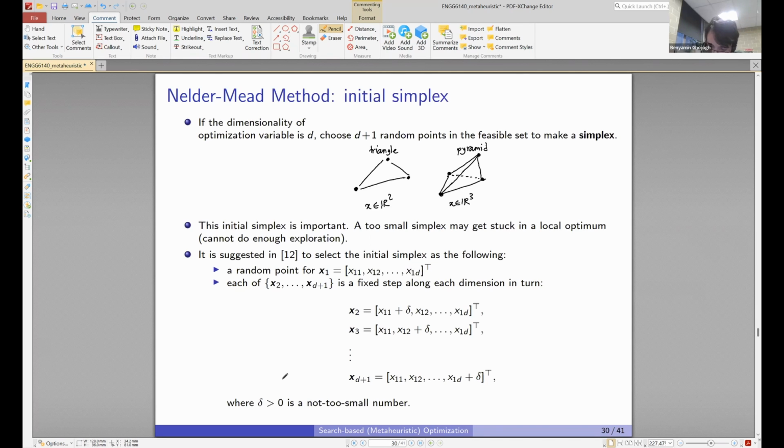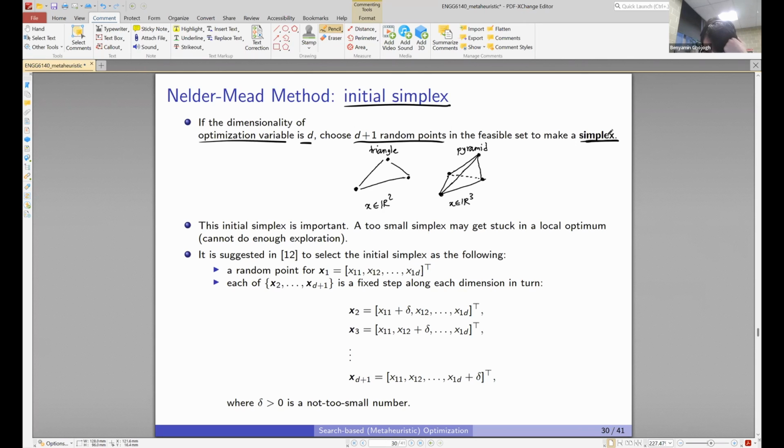Now, let's talk about this algorithm a bit more, with more depth. So, the initial simplex. Again, as we talked about, if the optimization variable is D-dimensional, then we choose D plus 1 random points in the feasible set to make a simplex. So this simplex is chosen in the feasible set, right? And it's moved in the feasible set.